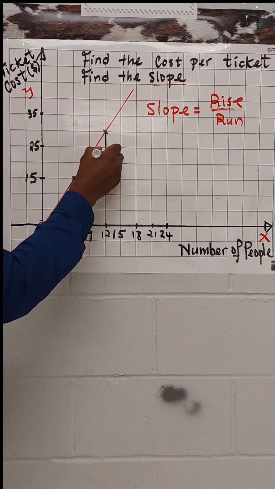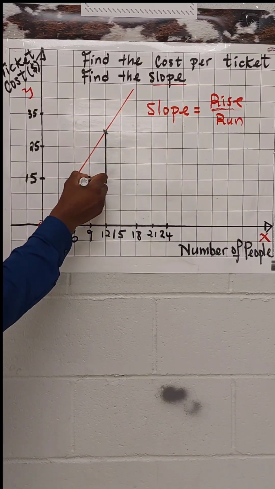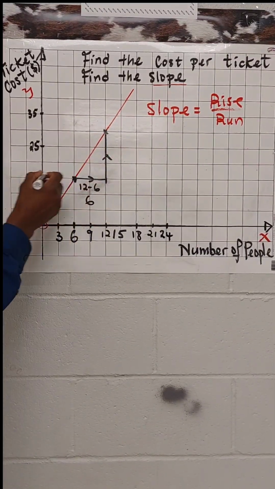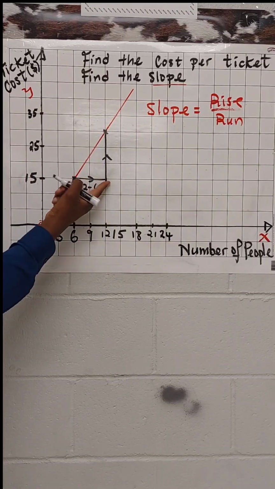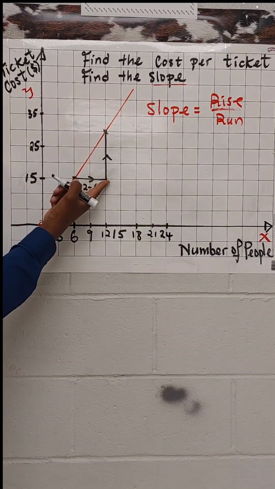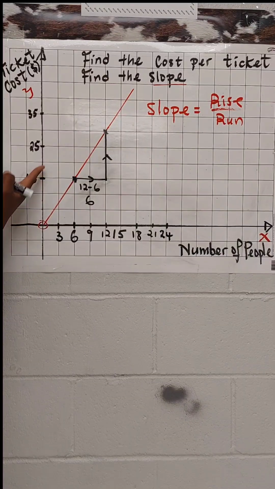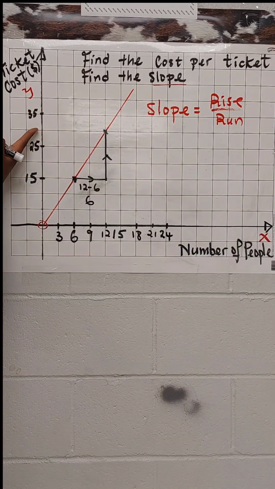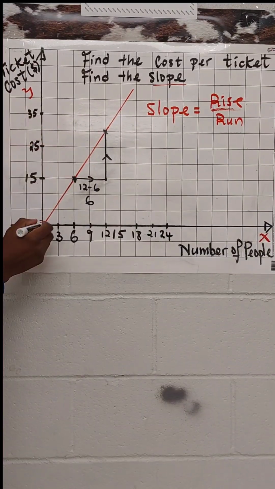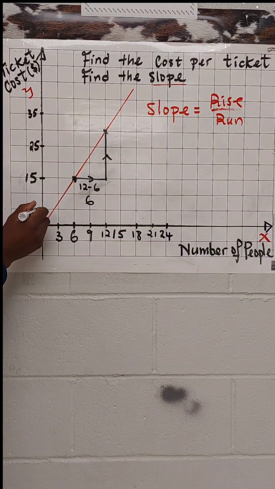The rise goes from 15. We can read this here. We can read the start of the rise from the y-axis here. This is 15. It rises all the way to 30. So we can see that the y-axis is calibrated in 5.